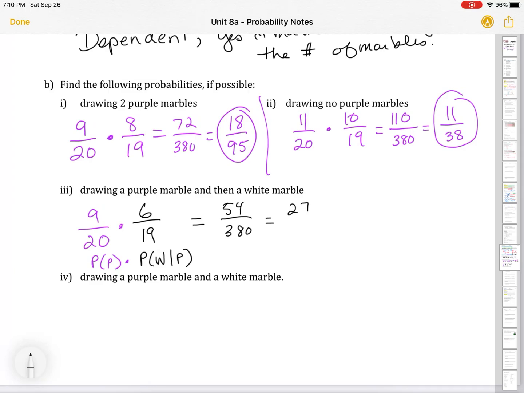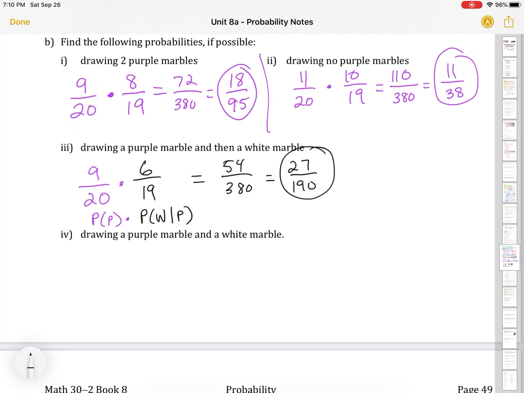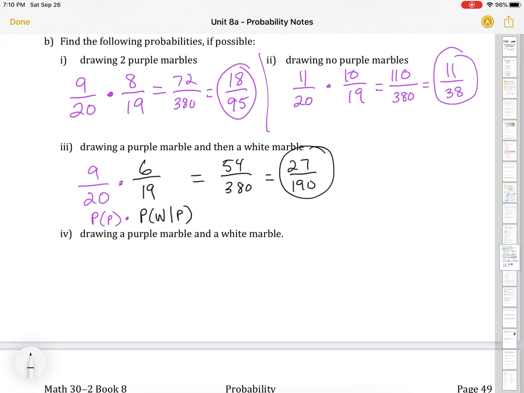We multiply this. 9 times 6 is 54 over 20 times 19, which we know already is 380. And I can divide the top and the bottom by 2, and I'll get 27 out of 190, okay?